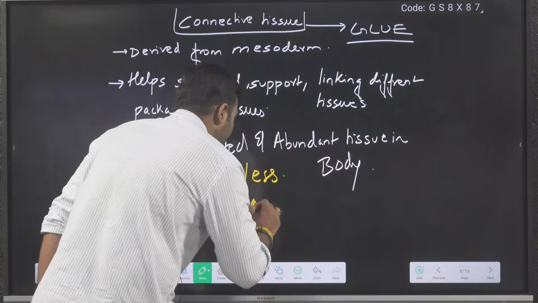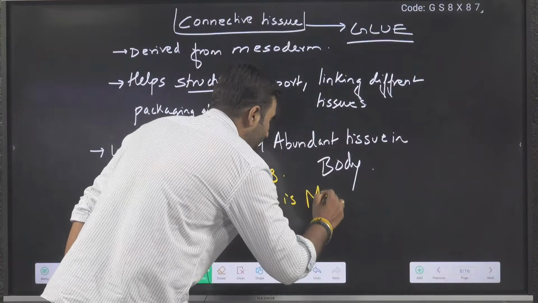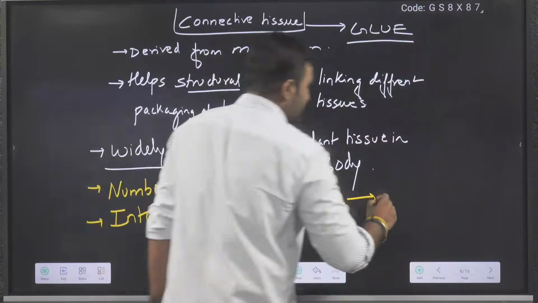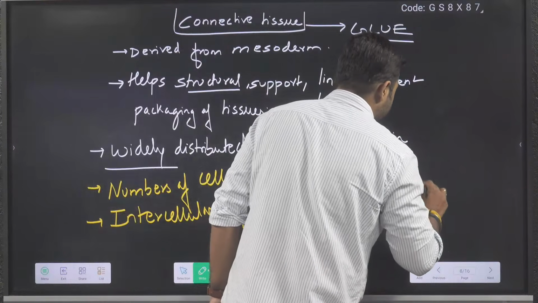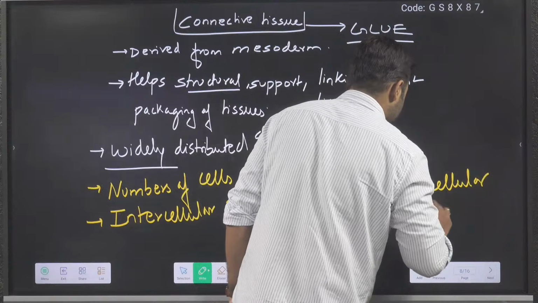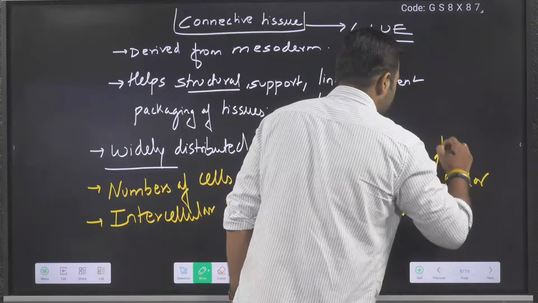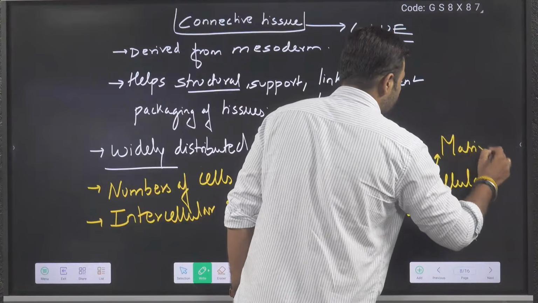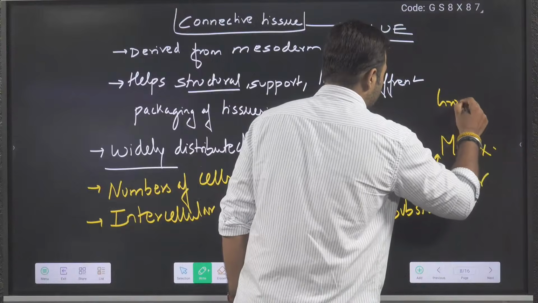Due to this, intercellular substance is also more, which you call the matrix or ground substance.